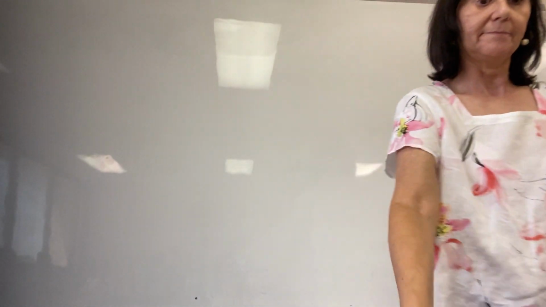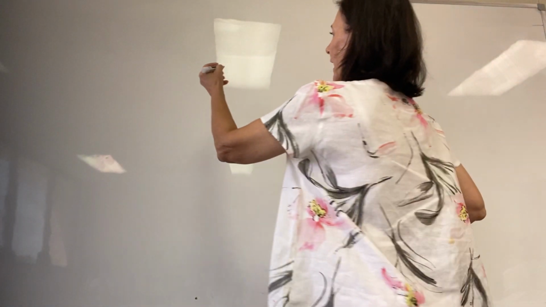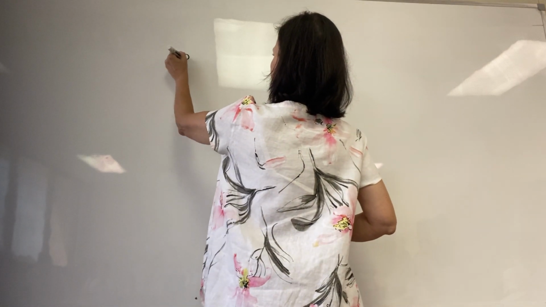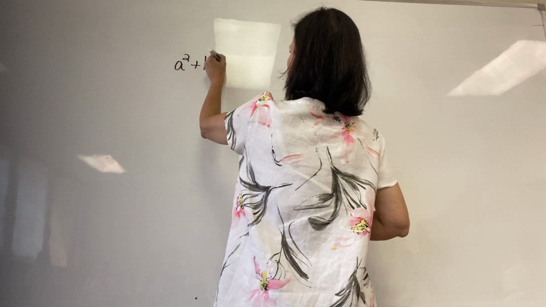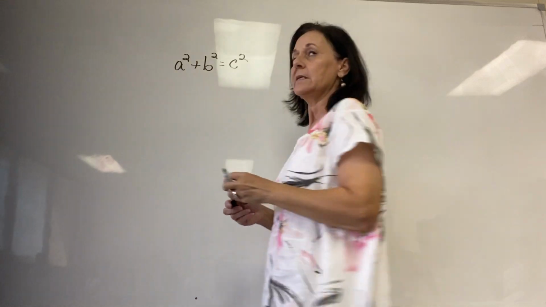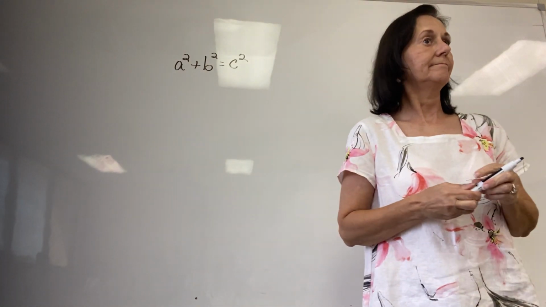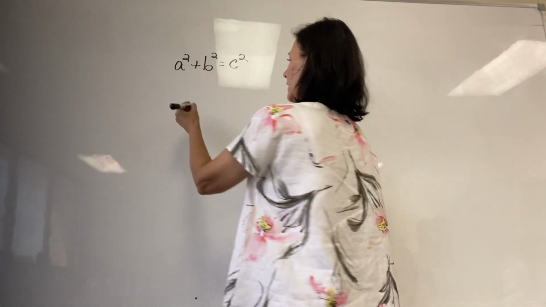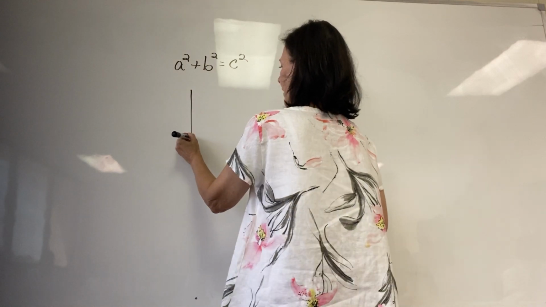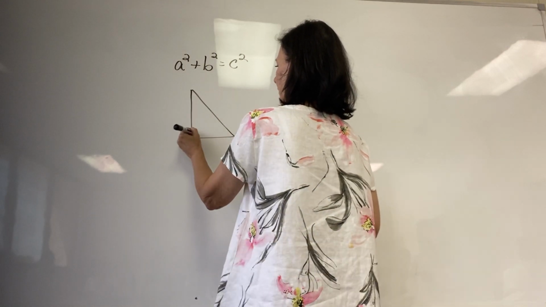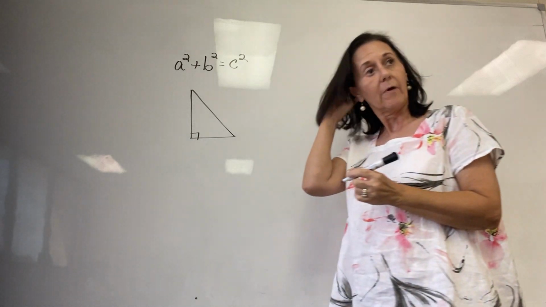All right, so the Pythagorean theorem says a squared plus b squared equals c squared, right? And it has to be applied to a right triangle. How many parts are there to a right triangle?